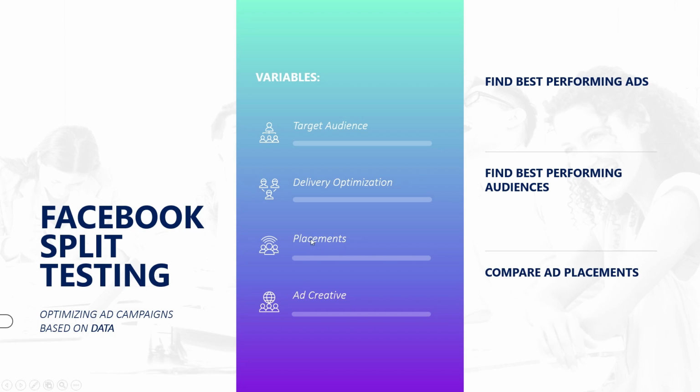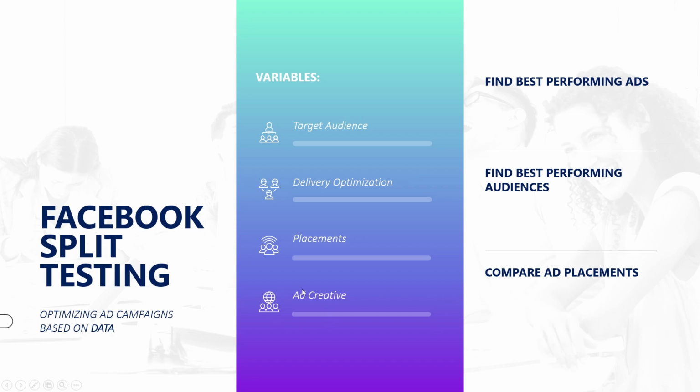And finally, the placement split testing will allow you to compare, like if you want to find out if Facebook newsfeed is working better for you as compared to Instagram newsfeed, those kinds of comparisons will be possible using the placement variable. And then ad creative testing will help you to optimize your headlines, whether you want to try out video versus image ad, or it can be trying out different descriptions.